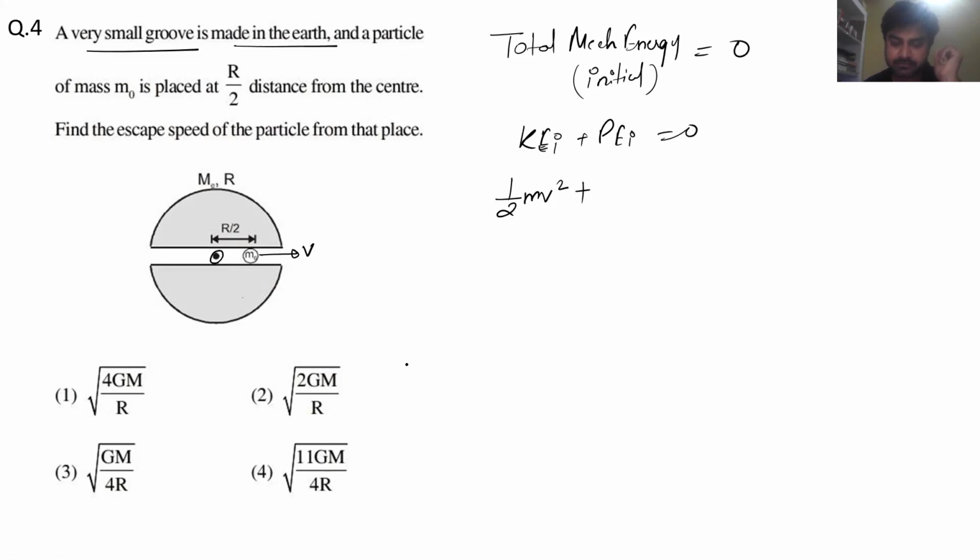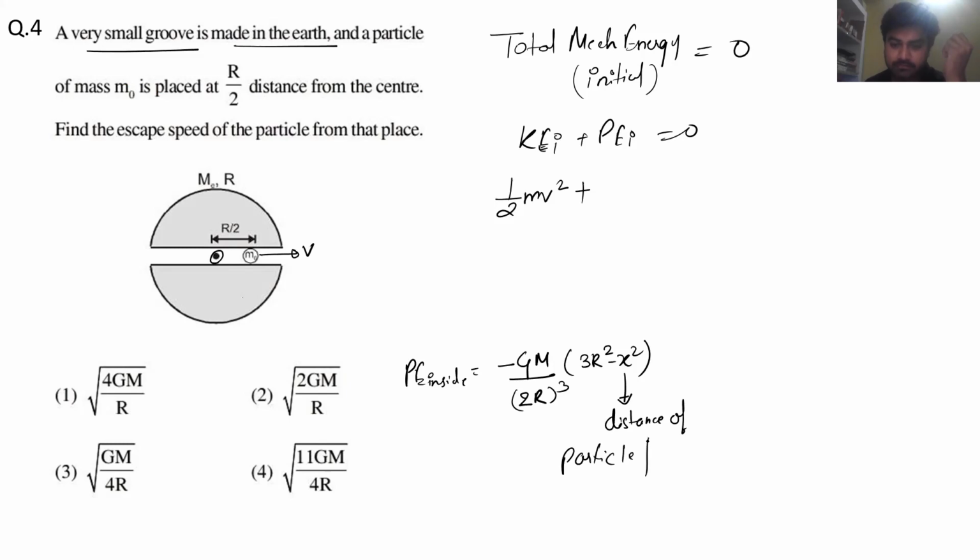I'm writing it here: potential energy inside is equal to minus G M by 2 r cube into 3 r square minus x square, where x is the distance of the particle from the center, right?